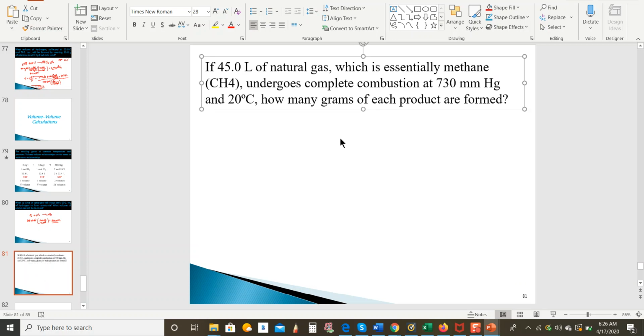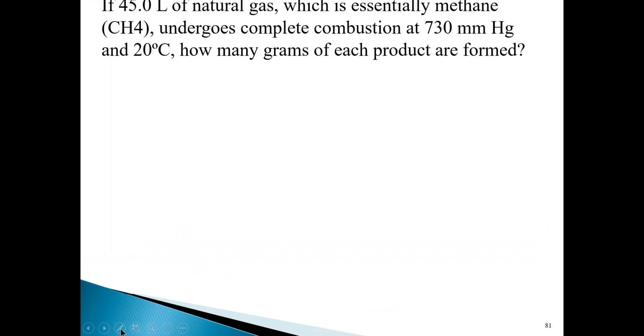So here's a question. It gives you 45.0 liters of natural gas, which is essentially methane, and it undergoes complete combustion at 730 millimeters mercury and 20 degrees. How many grams of each product are formed? So of course, the first thing we need to do is write down a balanced equation for this question.